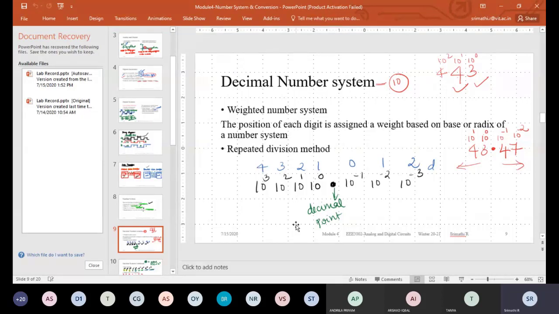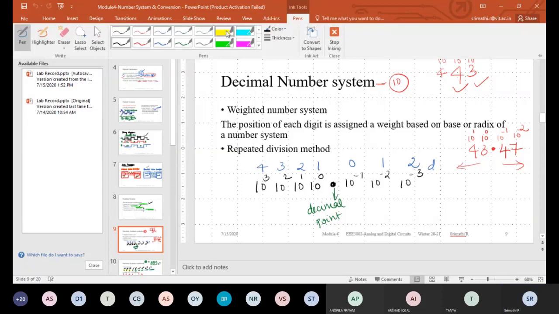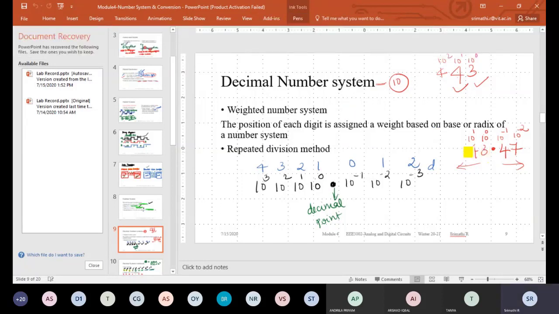If it is 43.47, as I mentioned here, before the decimal point you will start with 10 power 0, 10 power 1, 10 power 2, and so on. After the decimal point, it will be 10 power minus 1, minus 2, and so on. Like that, you will be representing a decimal number in terms of the weighted system.